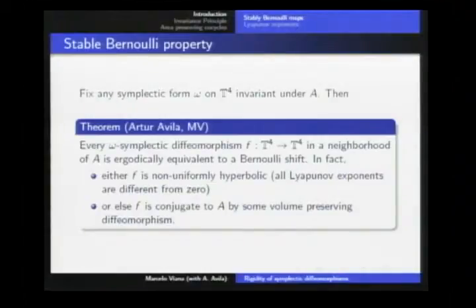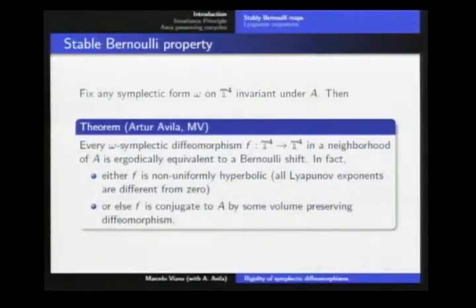The theorem is quite more detailed than that. It gives a dichotomy. There are two things that may happen. And this is where you see the advantage of the invariance principle. One thing that may happen is that by perturbing your linear automorphism, you move the Lyapunov exponents away from 0.